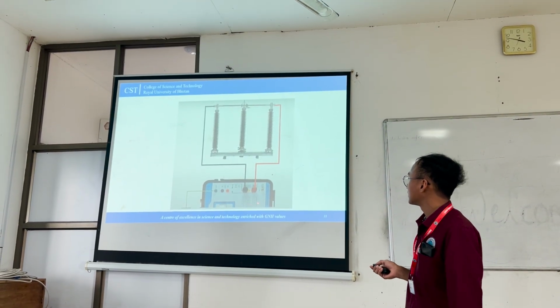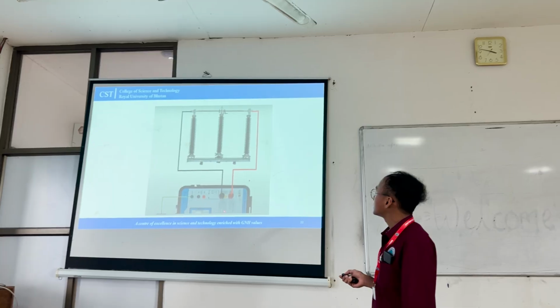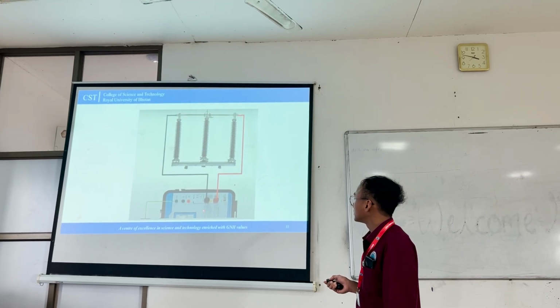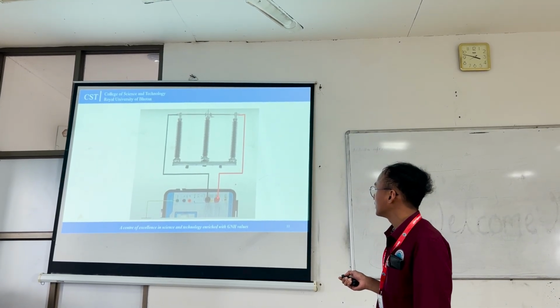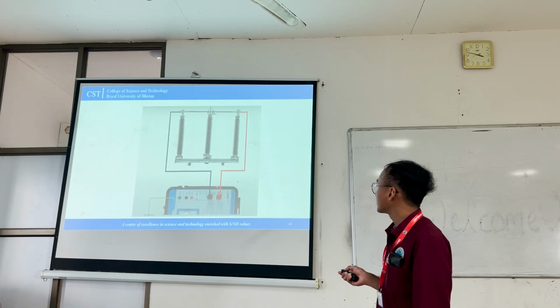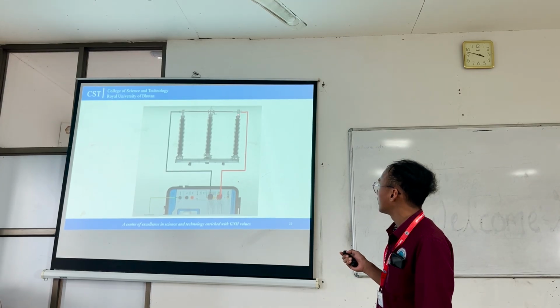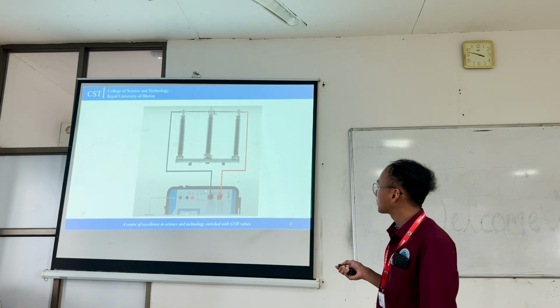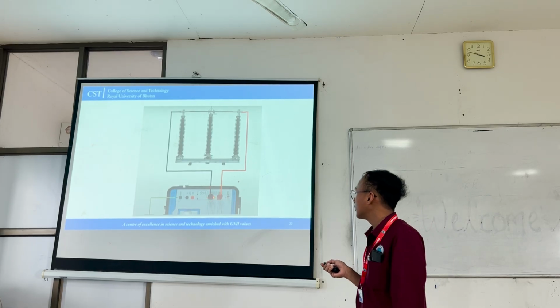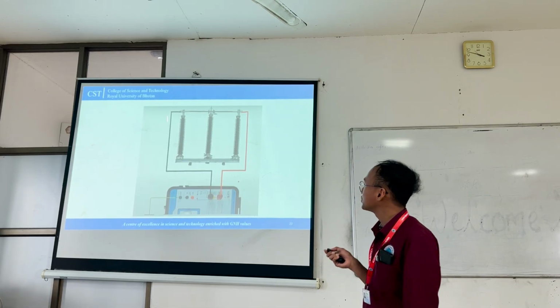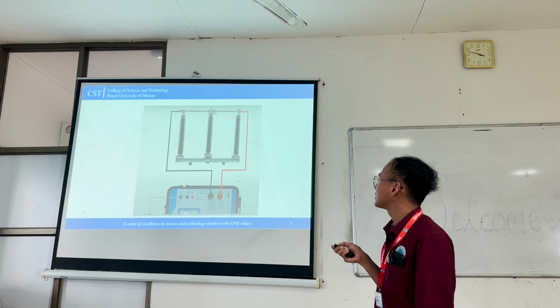And this is the circuit diagram of how the test is being done. You can see that one terminal of the megger is connected to one point of contact, and the other terminal of the megger is connected to the other part of the isolator.